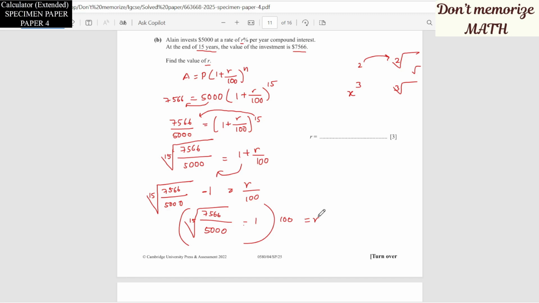So open the root. You can see two places are missing there. So 15th root of, you have a fraction, use the fraction button, 7566 over 5000. Then outside the root, make sure it is outside, you have to put minus 1. Then close the bracket. Then multiply by 100.